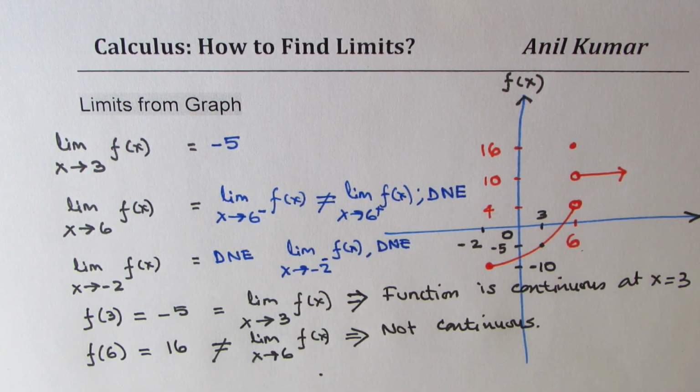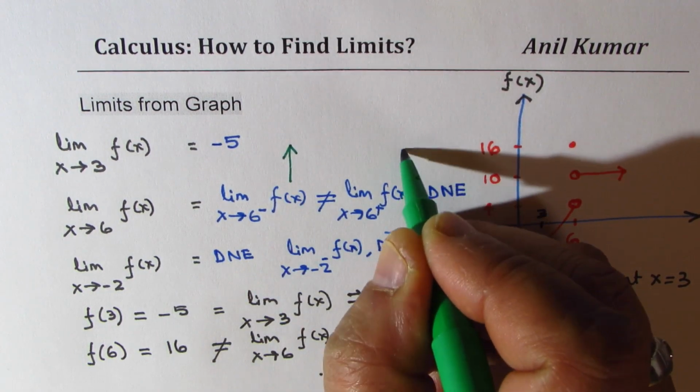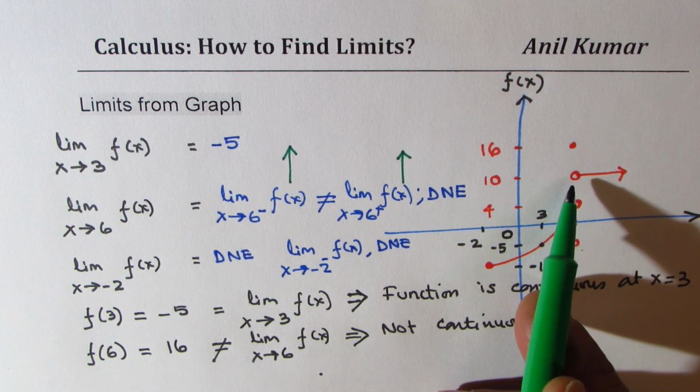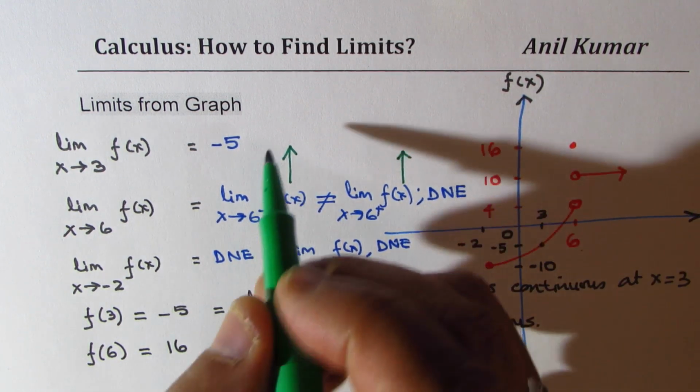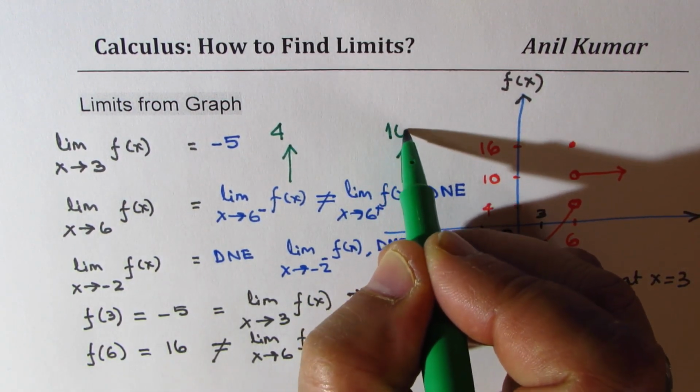there's one more thing which we can conclude, and let me write it in a different ink. What we see here is that these two limits, when you approach from the left side and from the right side, are different. From the left side it is 4, and from the right side it is 10.